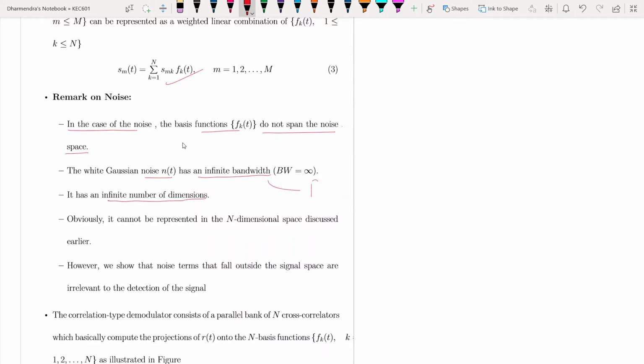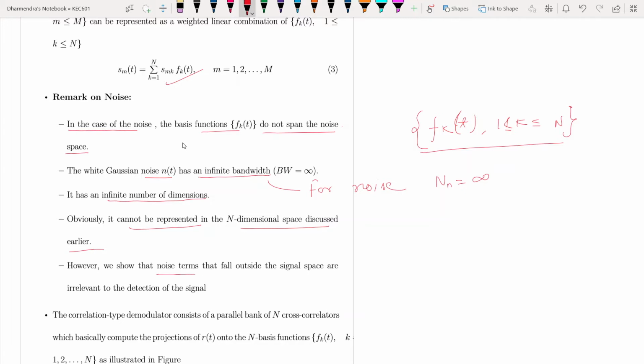For noise, the dimension N_n is infinity, but the f_k set is finite. So this set cannot represent the noise space, which cannot be represented by the N-dimensional space discussed earlier.